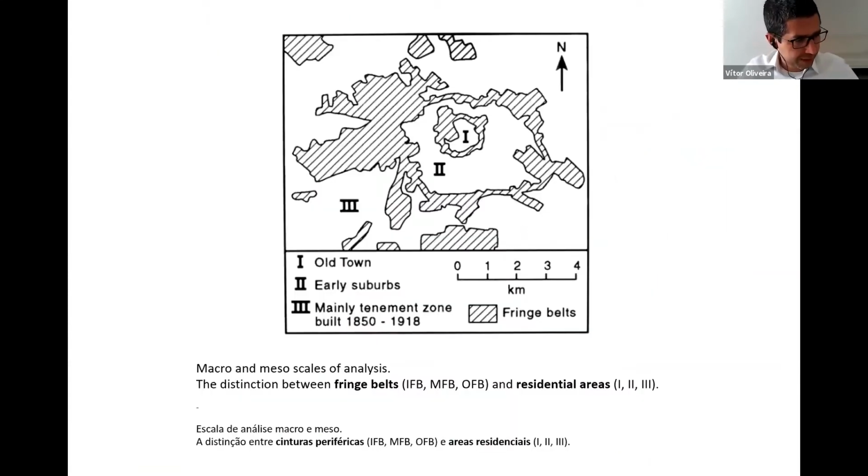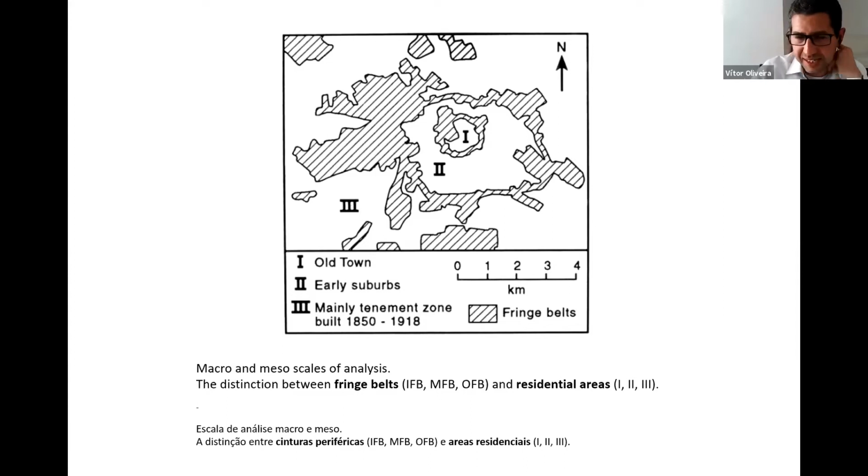So the first of these concepts is Fringe Belt. And this image is very useful, at least I think, to explain the concept for the first time. According to this concept, cities do not grow in a continuous way. Once again, we all know that today, but back in the 30s, cities were commonly understood as entities that keep growing in a continuous way.